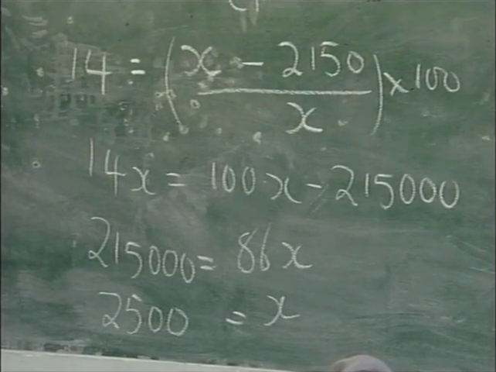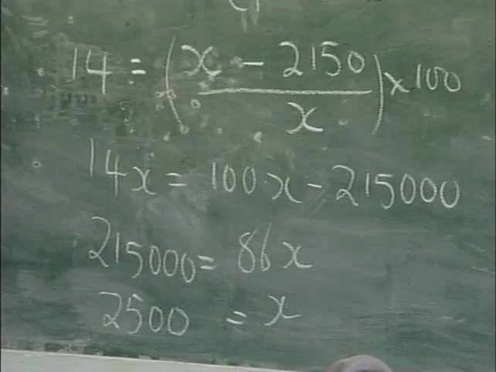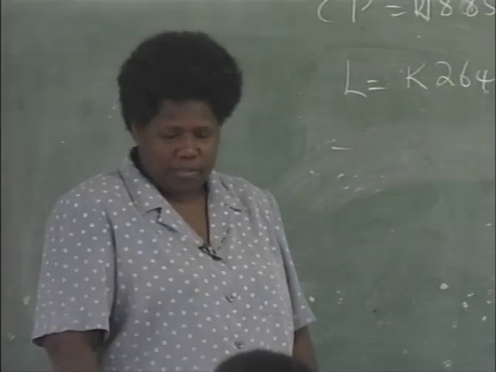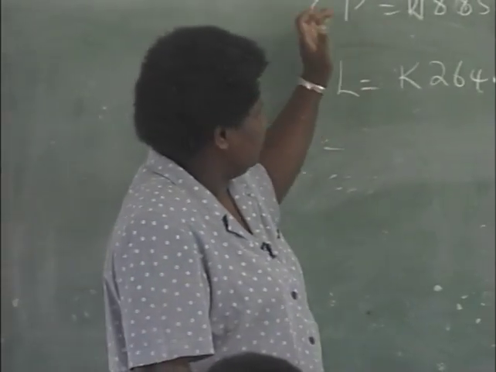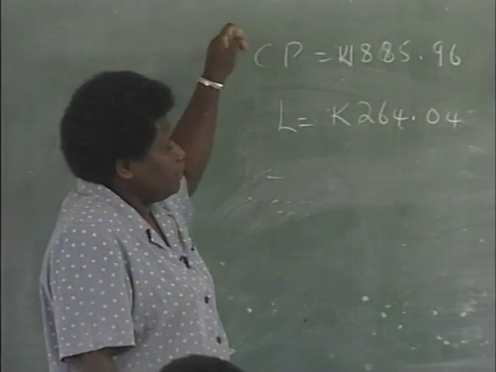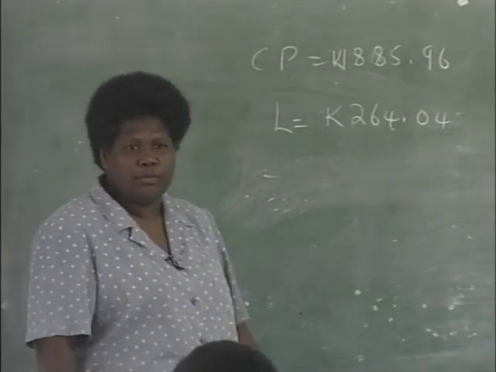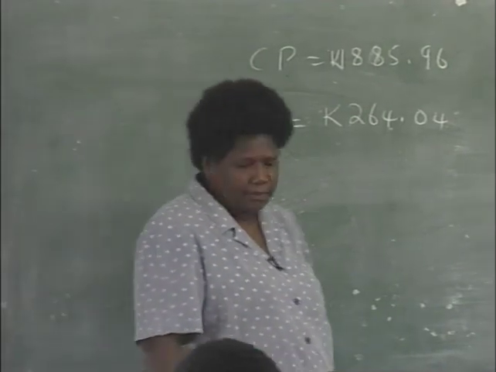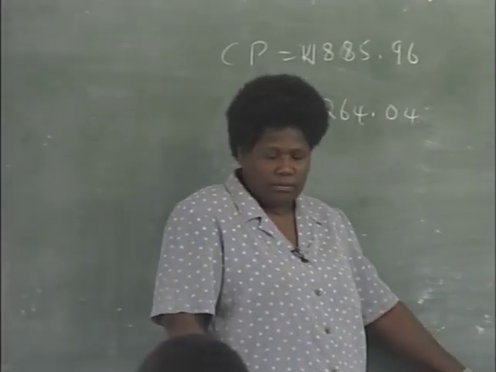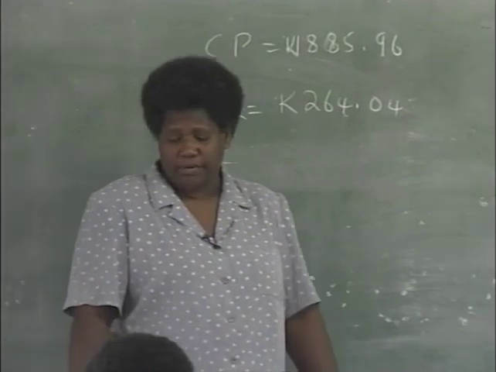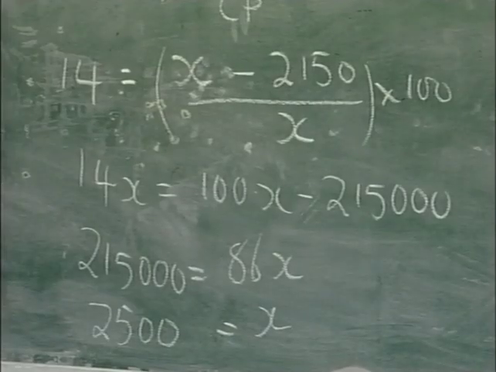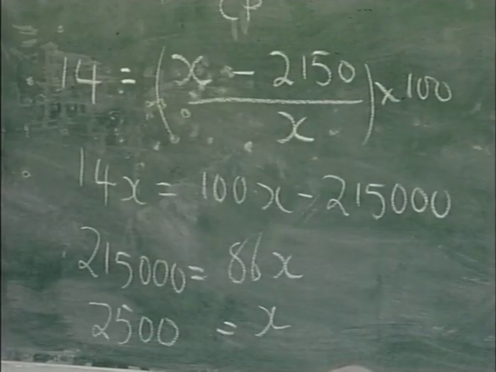Now, does it make sense now that the cost price is more than the selling price? Yes. Okay. Previously in the answer, you had a cost price which is less than the selling price, which is not supposed to be. Then you subtract 2,150 from 2,500, and that will give you the loss.